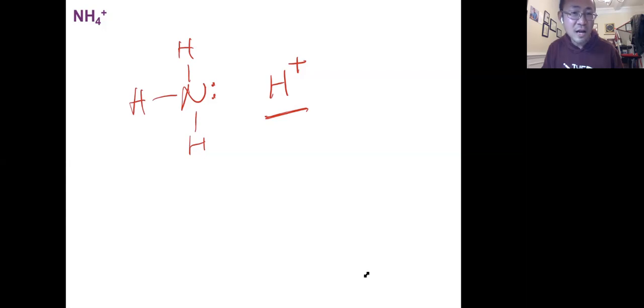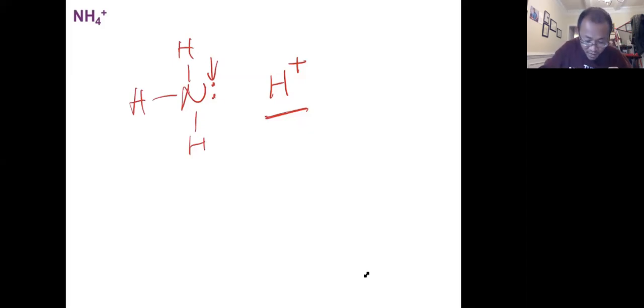Now, when a hydrogen plus comes in, we know it has no electron, because hydrogen has only 1 electron. Again, hydrogen plus means the electron is gone, so it is empty, has nothing. But nitrogen has 2 electrons to share.